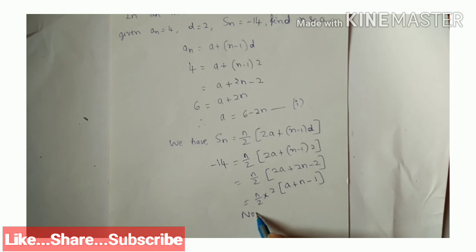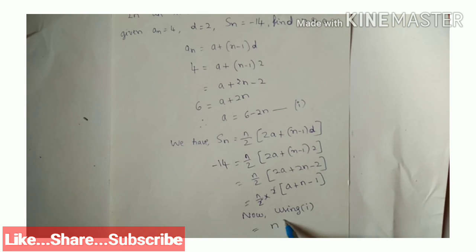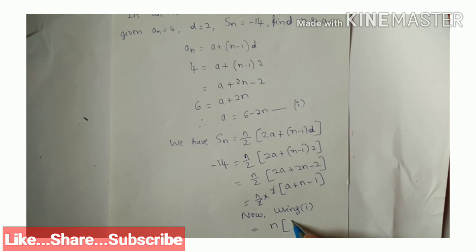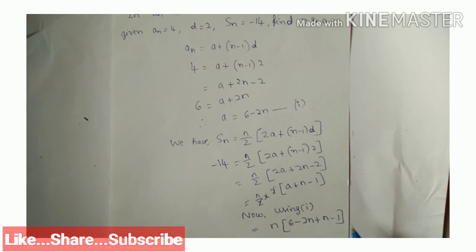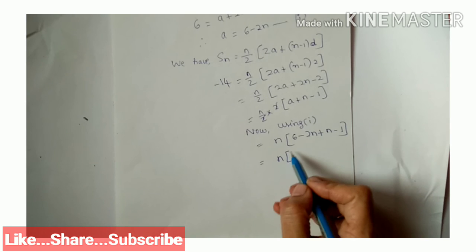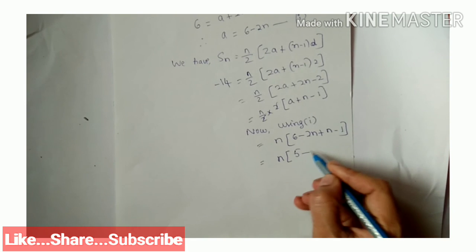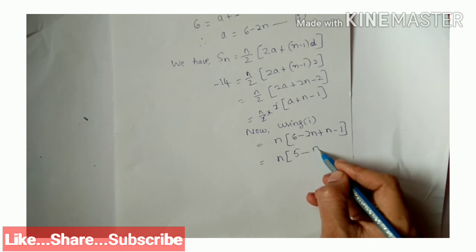Now using 1, put a in the place of a: 6 minus 2n plus n minus 1. Here 6 minus 1 is 5, minus 2n plus n is minus n.